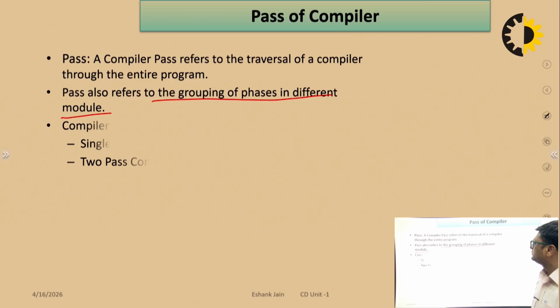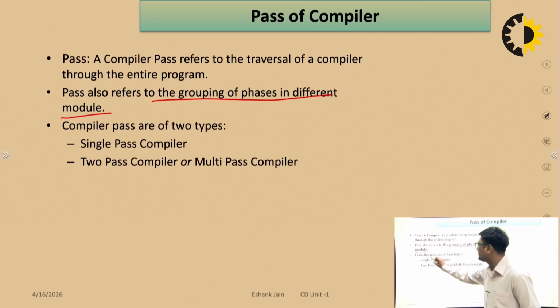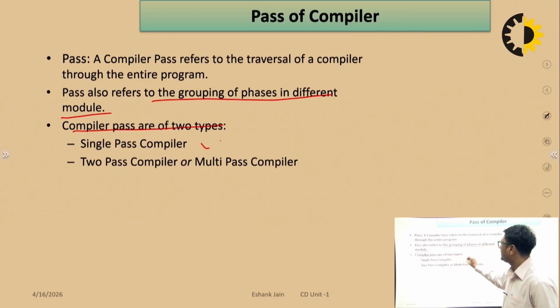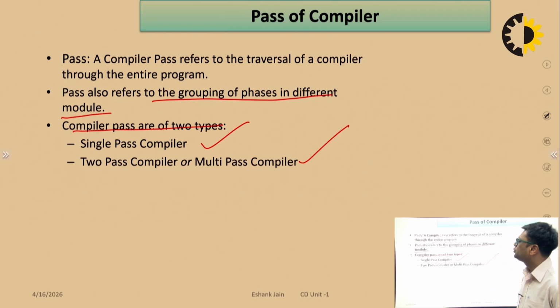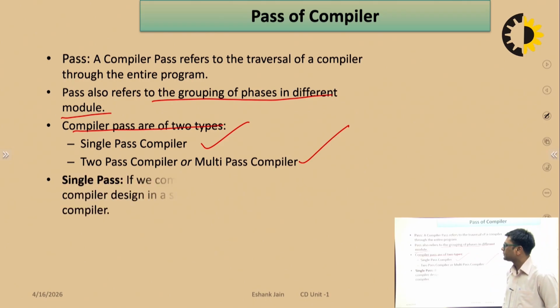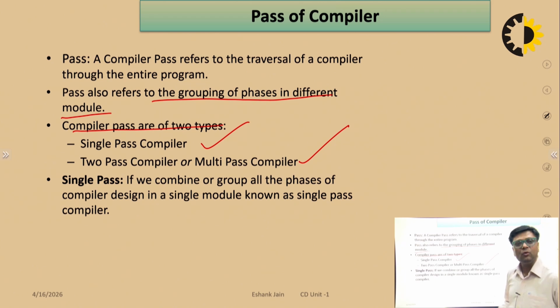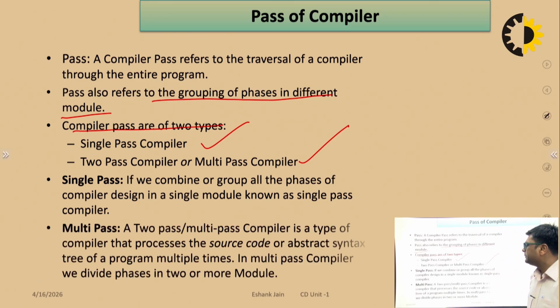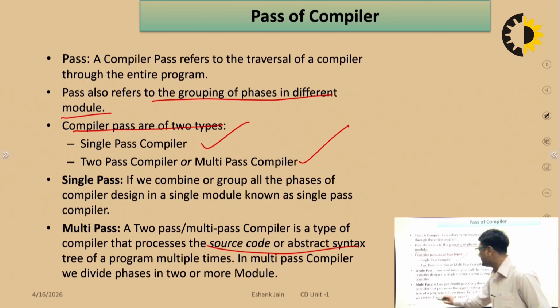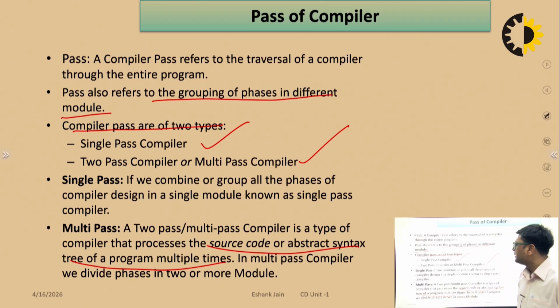There are two types of compiler passes: single pass and two pass or multi-pass. In single pass, we have only one pass in which the entire program goes through the pass and generates the output. In multi-pass, the source code or abstract syntax tree of a program is processed multiple times.